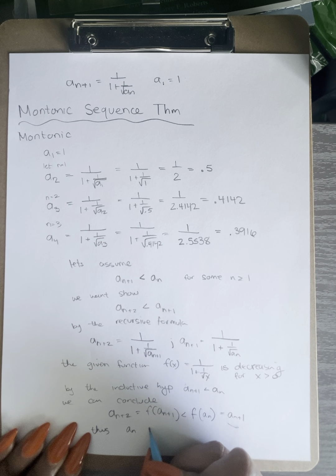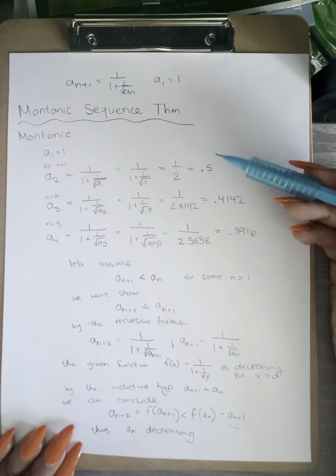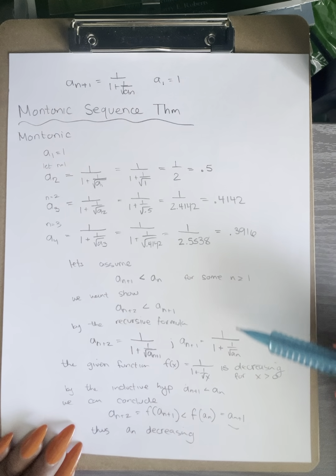A sub n is decreasing. So my sequence is monotonic in the fact that it is only decreasing.